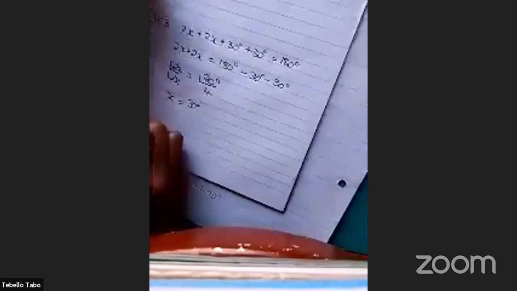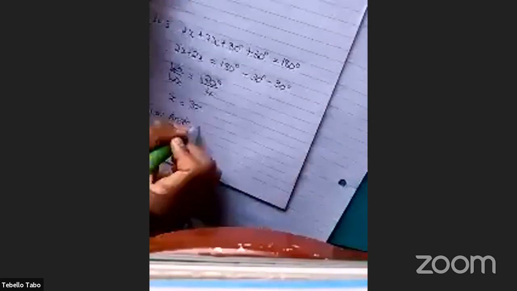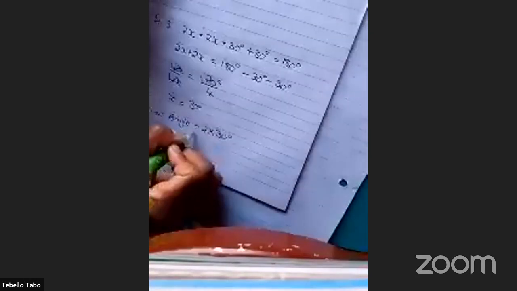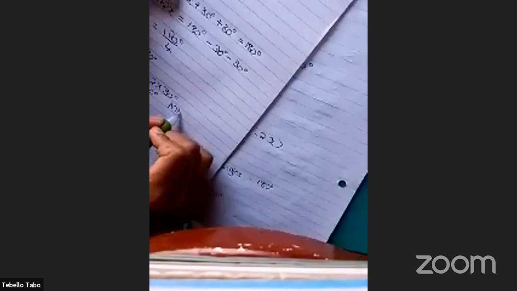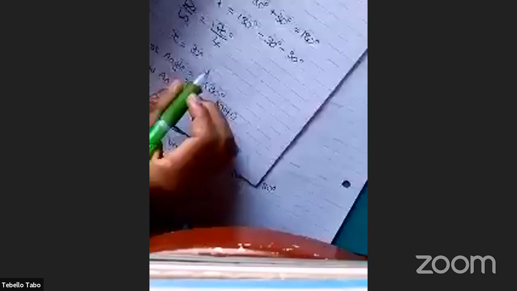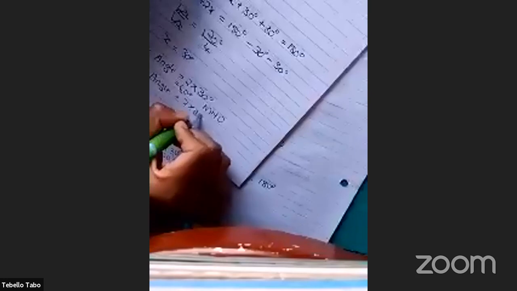The first angle is 2x. Let's write it like this. The first angle, we'll have 2 multiply by 30 degrees, and our answer will be 60. That's angle number MNO. So our second angle equals to 2, because they have the same values, equals to 2 multiplied by 30 degrees.